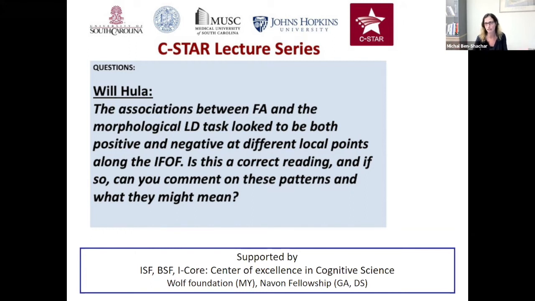We can detect associations that tell us something about the role of this pathway or the relation between this pathway and a given function. And later on, there's a lot that we can do in order to further explore these findings. For example, we can use quantitative MR measures. Sometimes those are more specific.